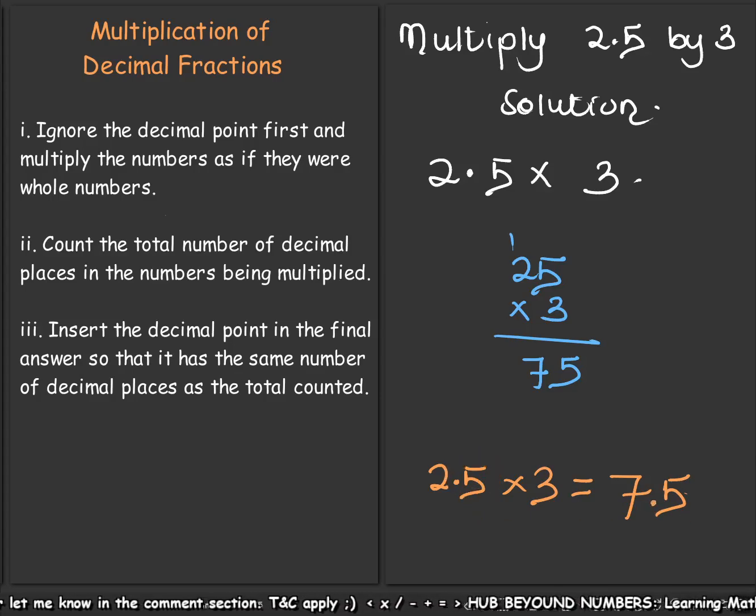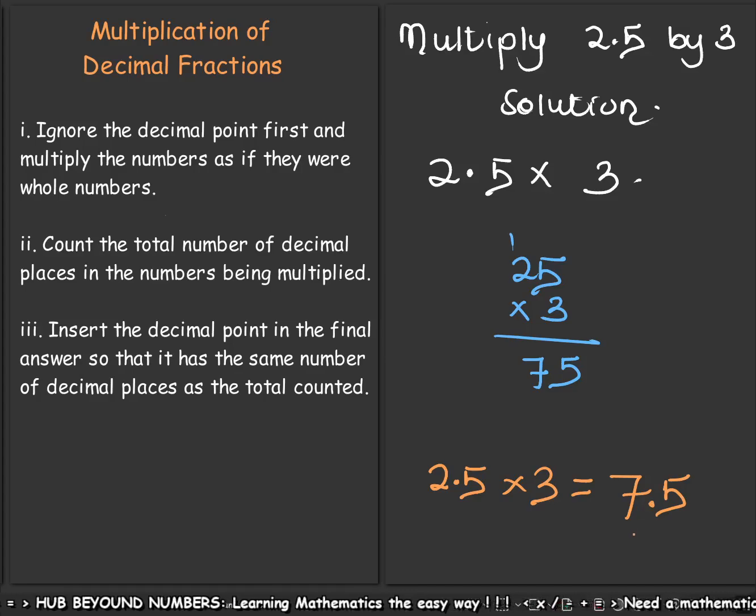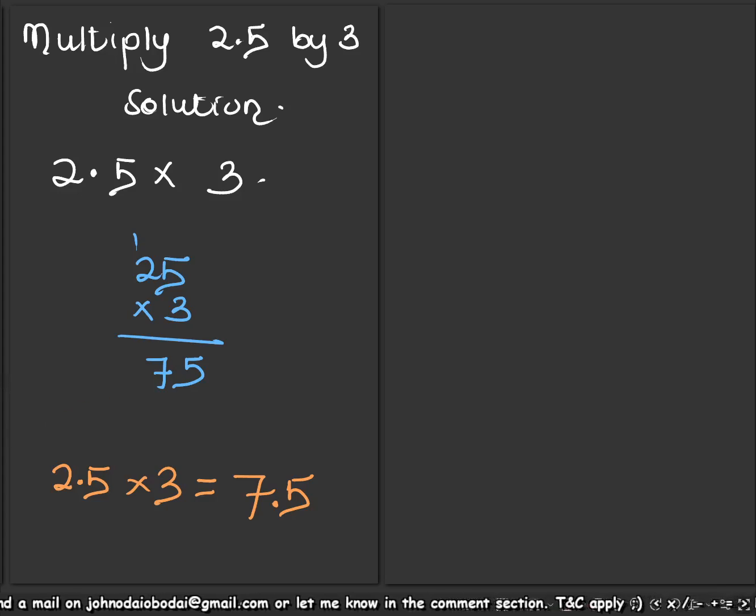There will just be one number after the decimal point, so we move the decimal by 1 so that it comes between 7 and 5. There is one decimal place here, so our answer should also have one digit after the decimal point. This is all about multiplying decimals by whole numbers. Let's try one last one and then we go to decimals by decimals.